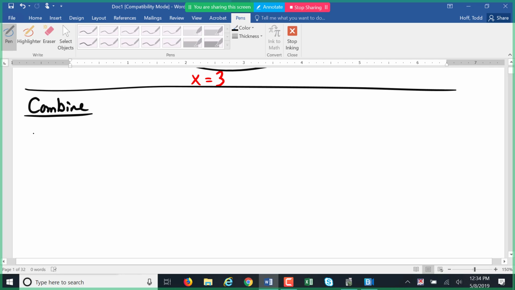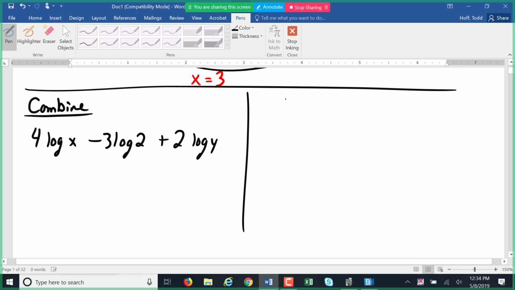The one I want you to combine first is 4 log x minus 3 log 2 plus 2 log y. Combine that.